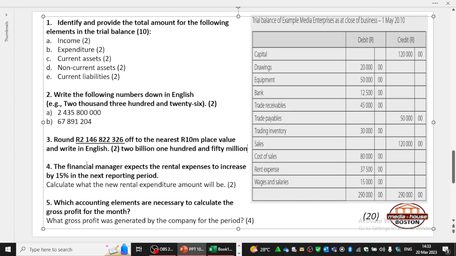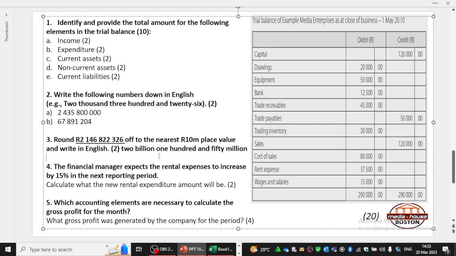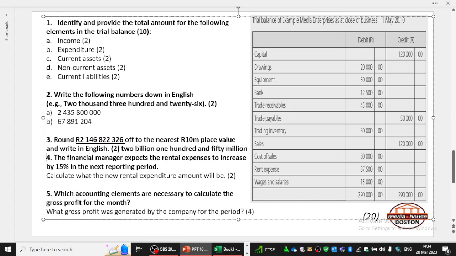So this is how you're gonna write it: 2,150,000,000, because the 5 will be the last digit that is there. That's when we put "and." But if the value of this amount was to be 2,100,000,000, you are going to say 2,100,000,000. So you're gonna put "and" on the last digits, on the last value that is within there.